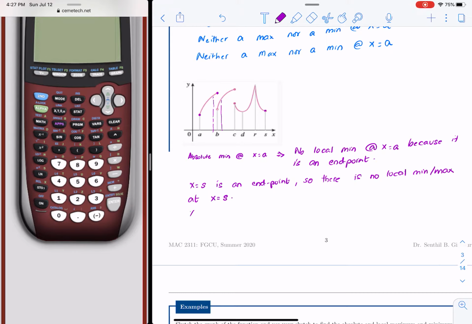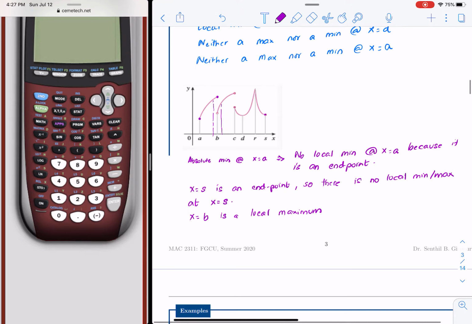So x is equal to b is a local maximum because if we look at all the values for y in that interval, the largest value happens there. And we do the same for the point C.